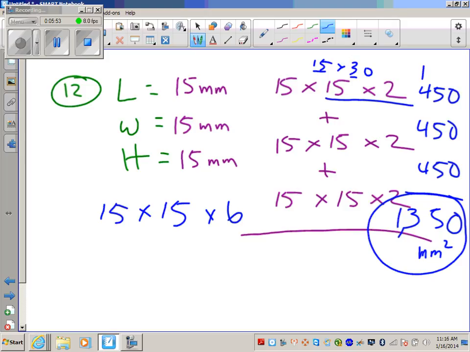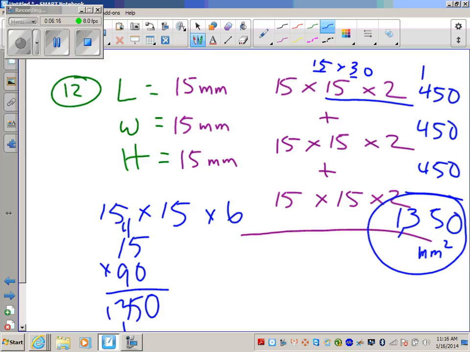So if 15 times 3 was 45, 15 times 6 is going to be 90. So if you multiply 15 times 90, you get 1350 the same way. It just makes you a little bit quicker.